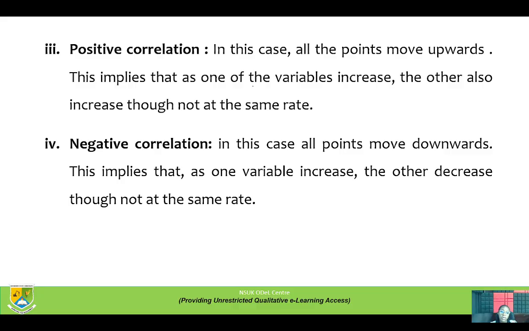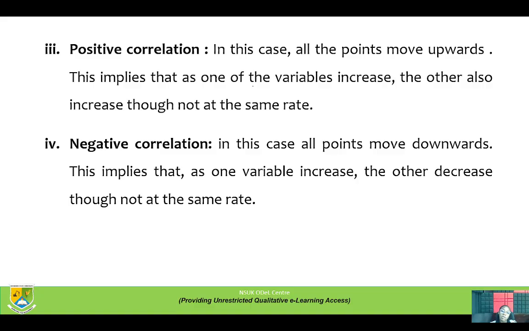This is the key difference between the positive correlation and the perfect positive correlation. Here, the increase is not at the same rate, while in the former, the increase of the two variables happens at the same rate.